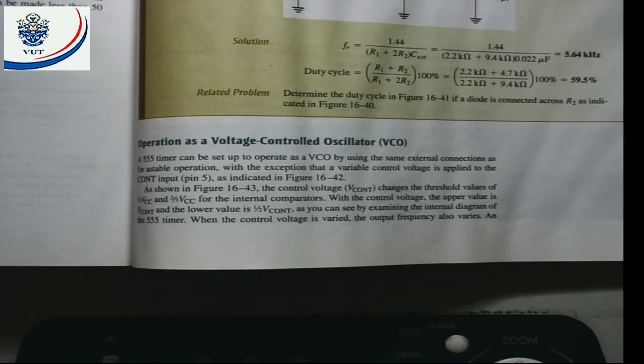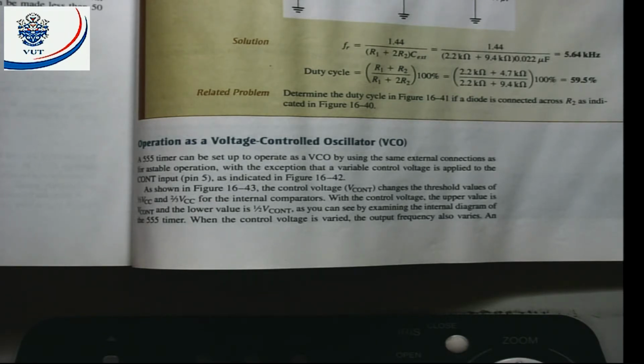As shown in figure 16.43, the control voltage changes the threshold values of 1/3 VCC and 2/3 VCC for the internal comparators. With the control voltage, the upper value is V control and the lower value is half the control voltage, as you see by examining the internal diagram of a 555 timer.